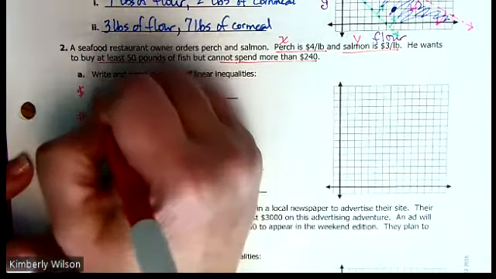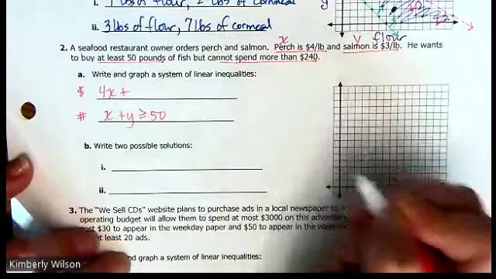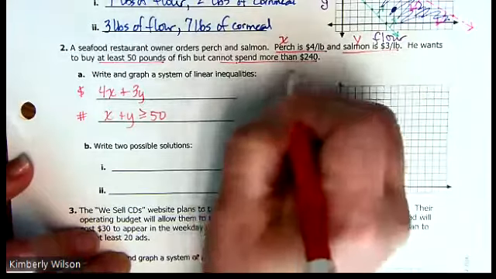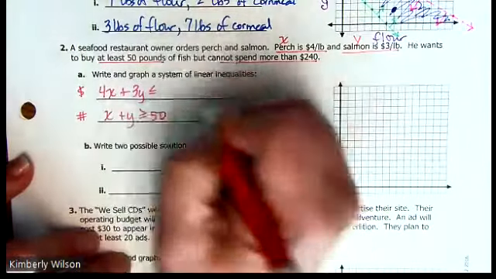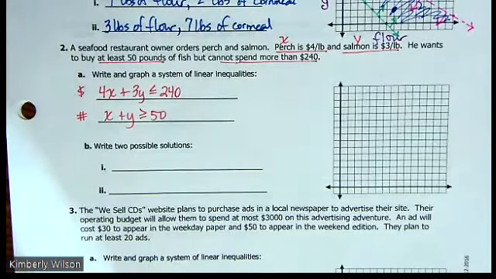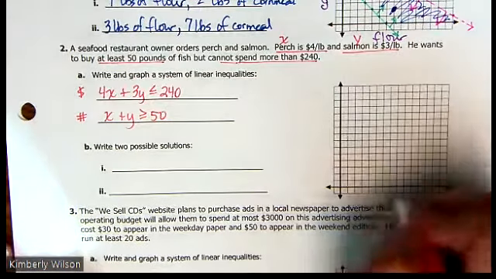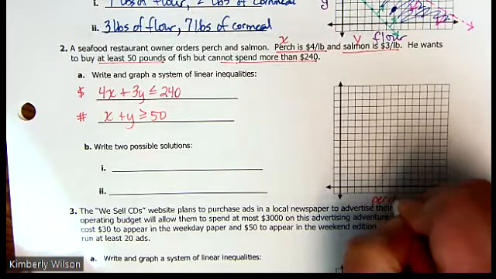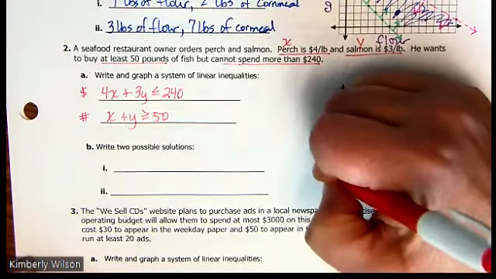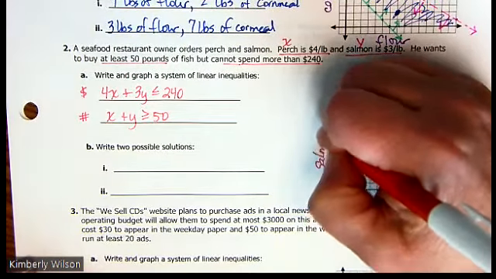Then I'm going to have 4X plus 3Y. It can't spend more than, so it's less than or equal to 240. So perch is on the X. Salmon is on the Y.